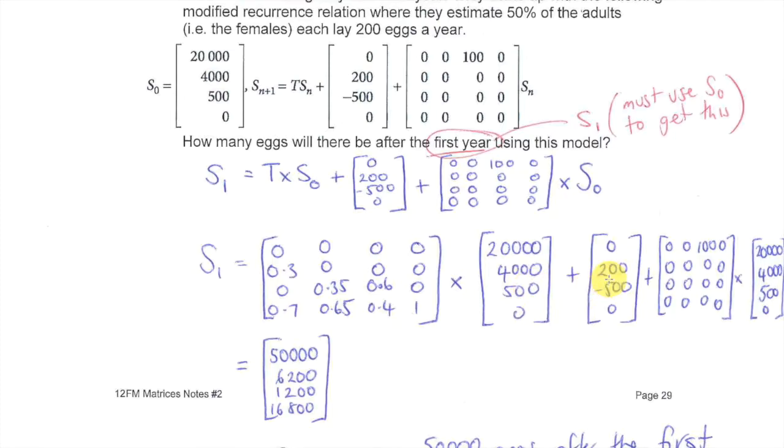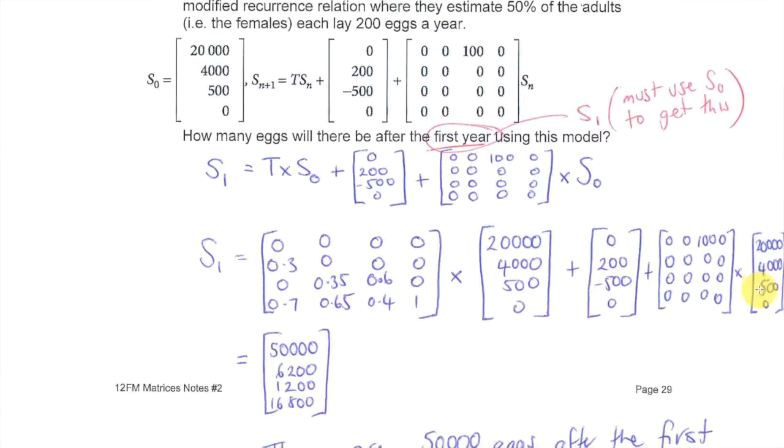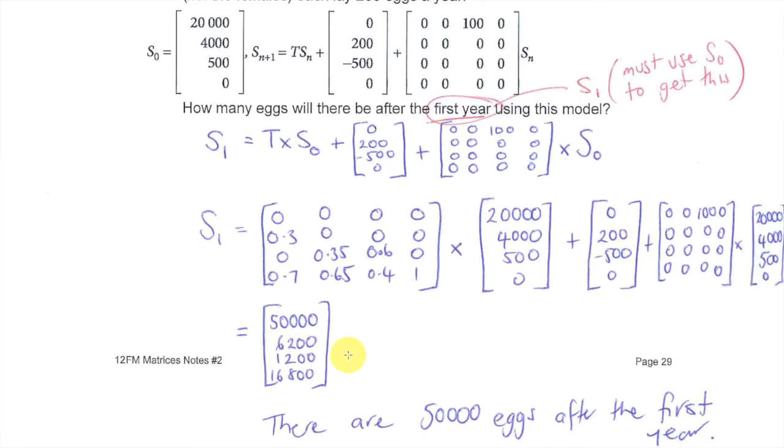Here's the new culling restocking matrix. That's the new part of my recurrence relation for this particular farm, where it's the 4x4 multiplied by S0. And we come up with this matrix here, the status after 1 year. So 50,000 eggs, 6,200 babies, 1,200 adult, and 16,800 dead. And so from that, we can see that there will be 50,000 eggs after 1 year.